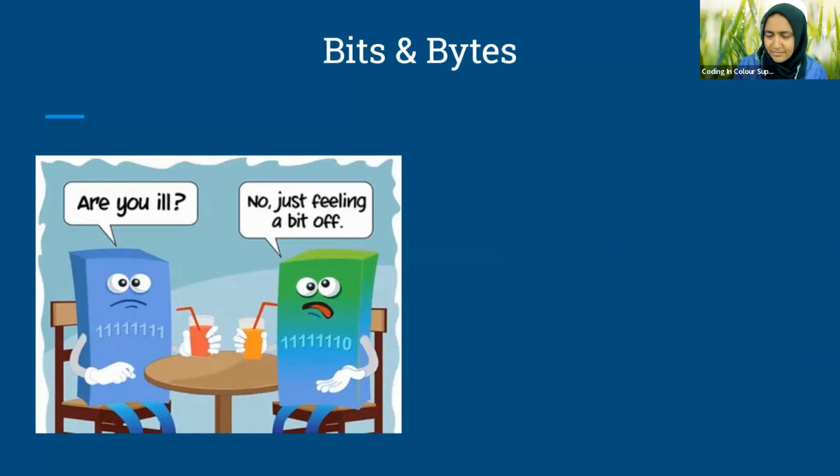What does that mean? This is a cartoon here. This guy here is like, are you ill? This one says, no, just feeling a bit off. And if you look at his numbers, one of his bits is off. So I just did the thing where you explain a joke, but it's just meant to portray that when you change one of the bits, you get a different representation on the machine side.